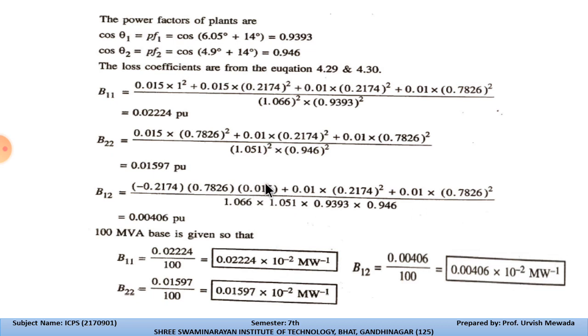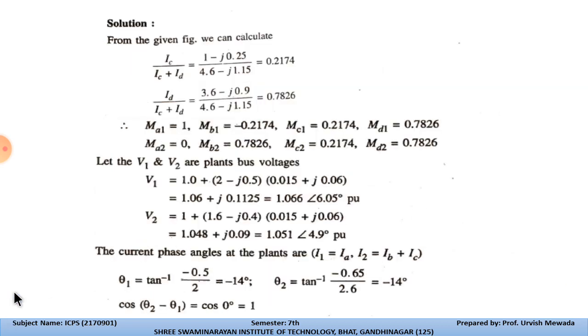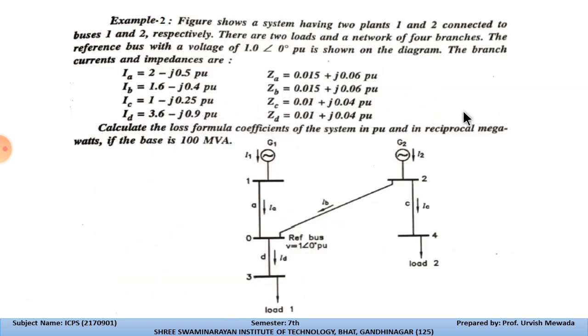So this is how we can solve the parameters from the given data. So here we have calculated the loss formula coefficients of the system in pu, and then we have calculated the reciprocal megawatt if the base MVA is 100 MVA.